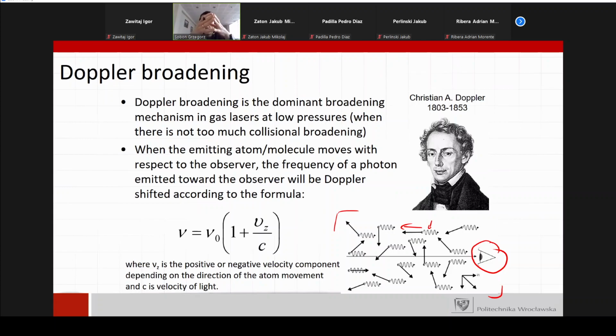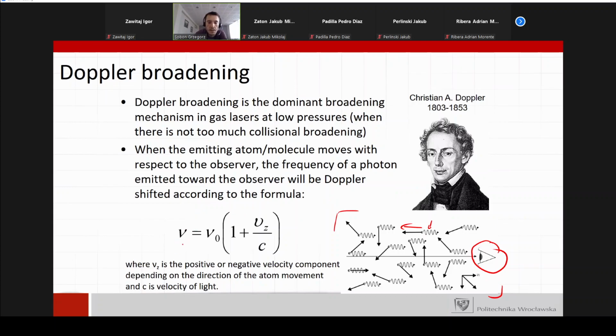I mean, it still broadens the line, but in some limited way, right? So the impact on the entire line width is limited, but we will see a distribution of frequencies, and the width of this distribution will be proportional to the velocity distribution of the atoms.